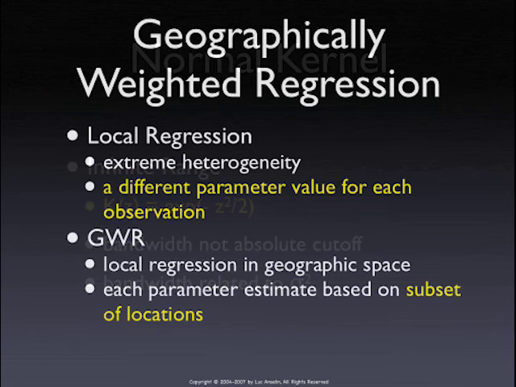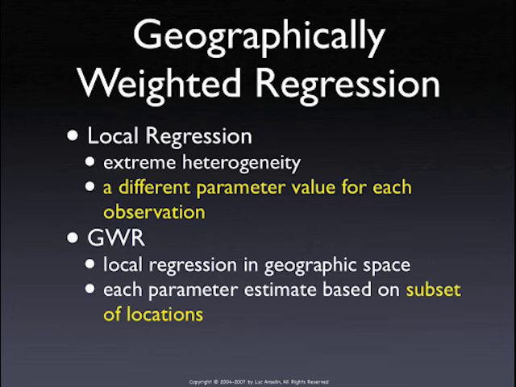So given this background, this is just a quick background on a non-parametric approach to regression modeling. We don't impose any functional form. It's essentially a combination of weighted averages where the weights are determined by this kernel function. In geographically weighted regression, we approach the same problem as before, the extreme heterogeneity.